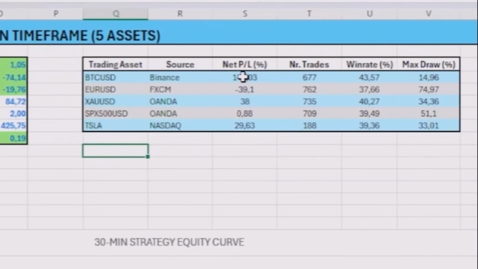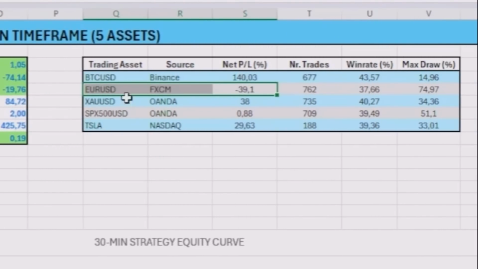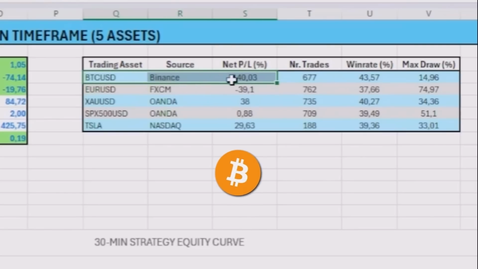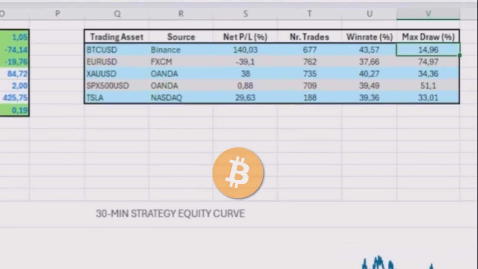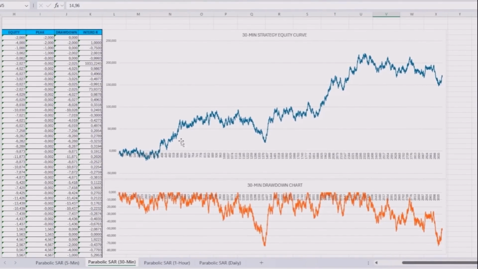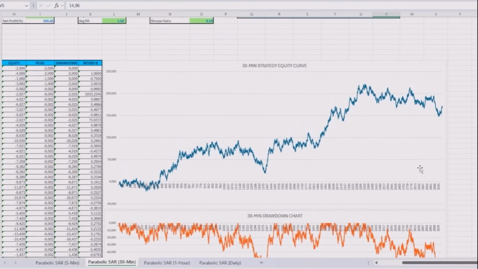Only one asset, Euro USD, showed negative results. On the other hand, Bitcoin stood out with over 140% in profit and just 15% drawdown. The equity curve is much healthier with some sideways periods, but overall showing a clear uptrend.